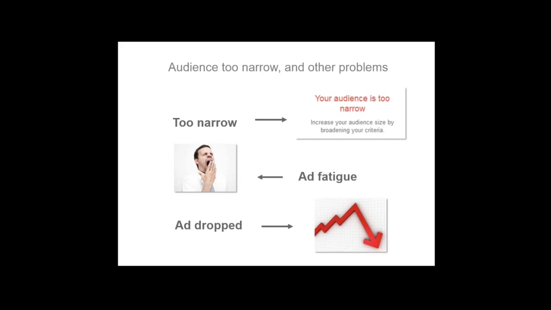The second is ad fatigue. This is common across all social platforms, and Jamie touched upon it when talking about Facebook. Once you've hit the same audience a number of times, people of course get bored with your ad. And to get around this, social networks start dropping your advert because they don't want to show it to the same people again and again and again. So depending on your audience size, this could happen after a week or perhaps after two or three weeks.